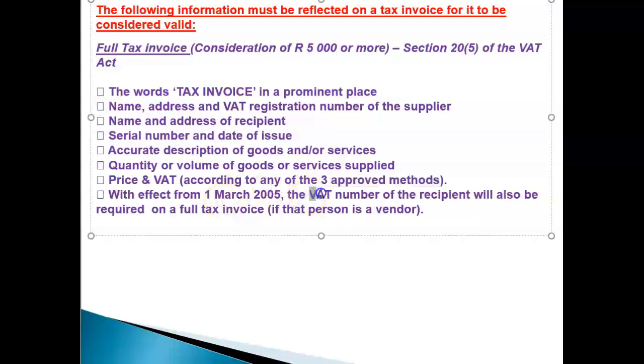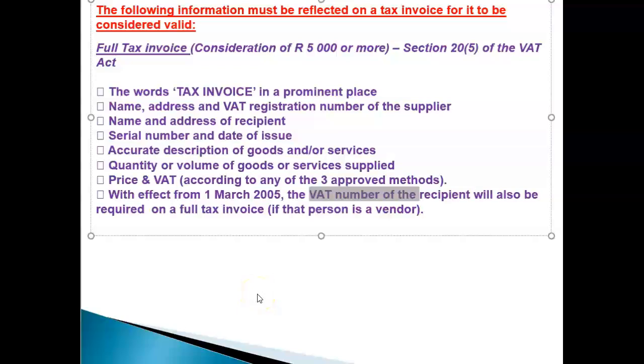Now, if that item was sold to another VAT vendor, so if I sold these dining room chairs to you and you are also a VAT vendor, in other words, you're also registered for VAT, your VAT number must also appear on that invoice. Remember, you're going to get the original invoice because you are the client.